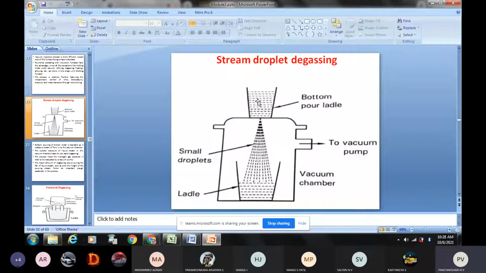From the bottom of this ladle, liquid metal continuously drops, so the dissolved gases are released. Those gases are sucked out by the vacuum pump. This is how the degasification process takes place. This is also a vacuum system only.